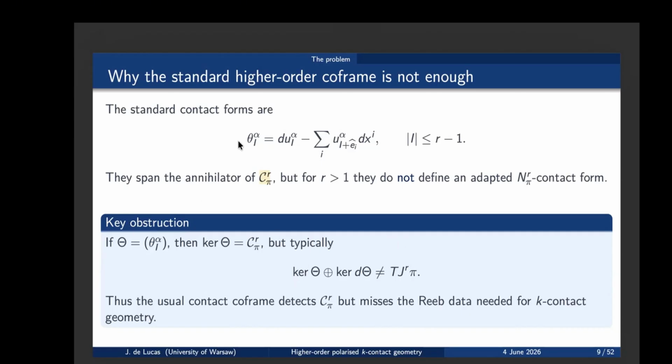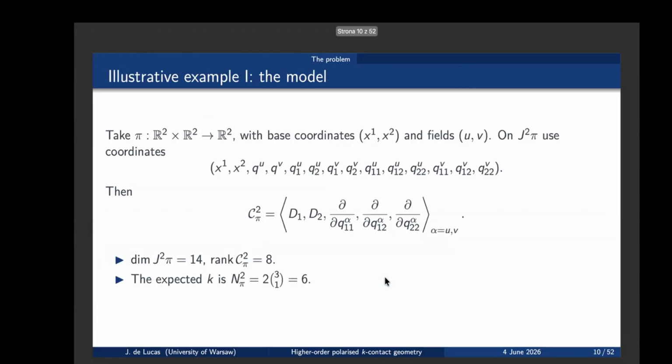If you put all those together and try to do some NR pi contact form, it turns out that the kernel is the Cartan distribution, but the differential is not in direct sum with the kernel to give the tangent space. It does not work like that.